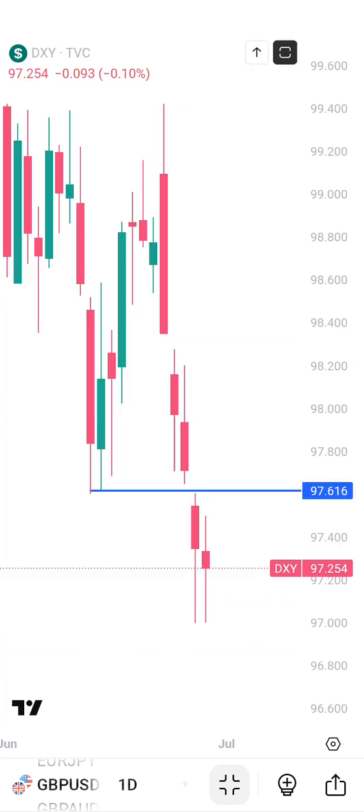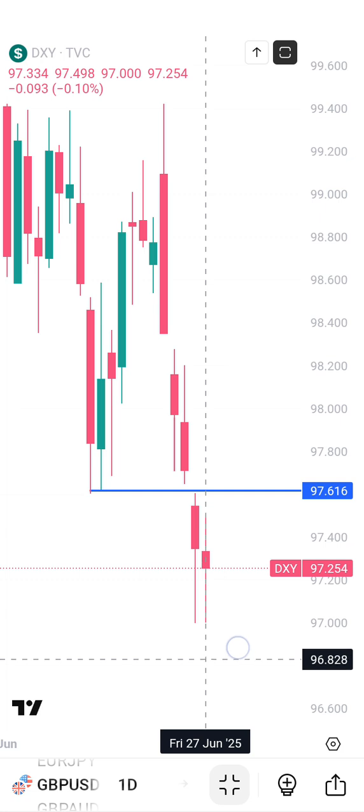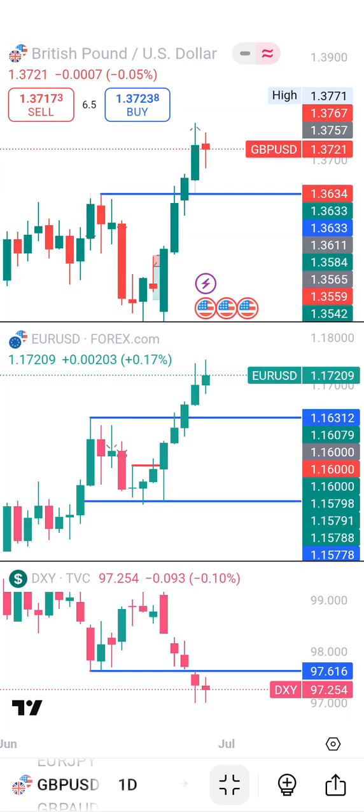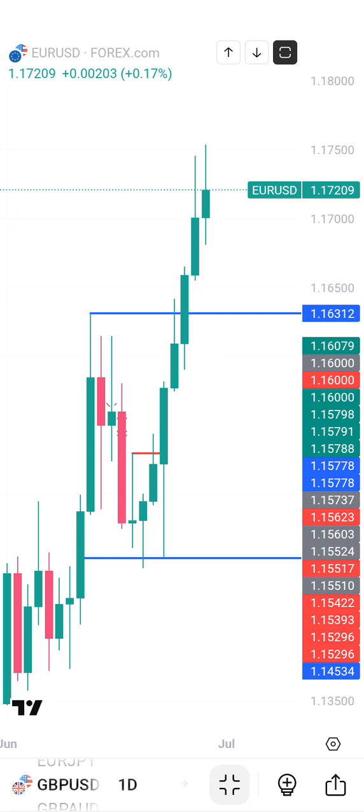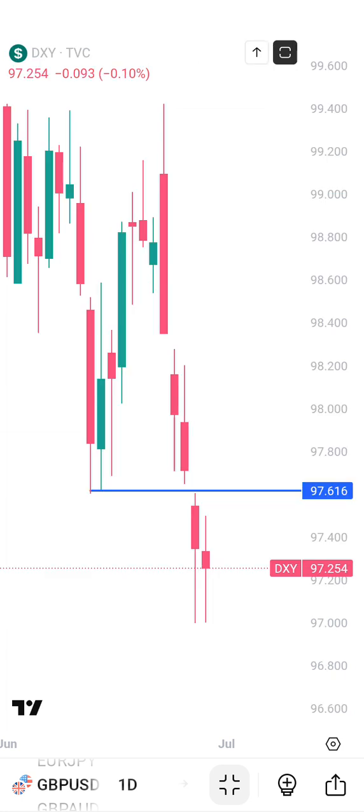What are you seeing here on DXY? You can see the recent Friday candle did not take the low, so we're having SMT. All right, SMT on DXY and SMT on EURUSD, because EURUSD Friday took off the Thursday high. But on DXY Friday did not.